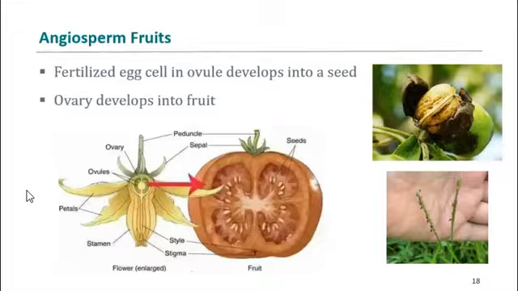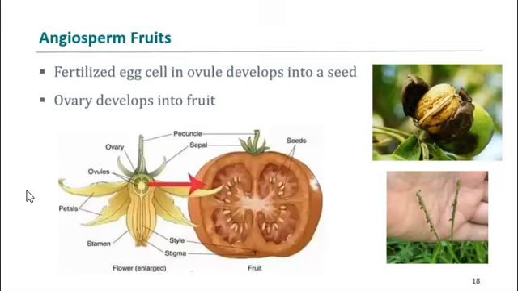So the egg cell was in the ovules, and the ovules develop into the seed. The surrounding tissue of the ovary develops into a fruit. So we always think of fruits as having seeds inside of them.